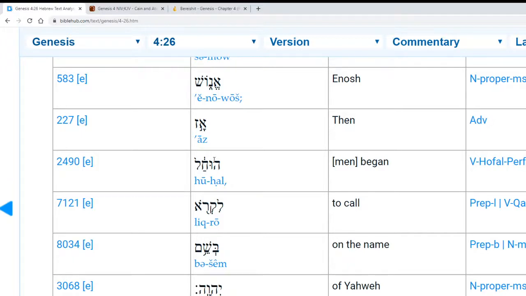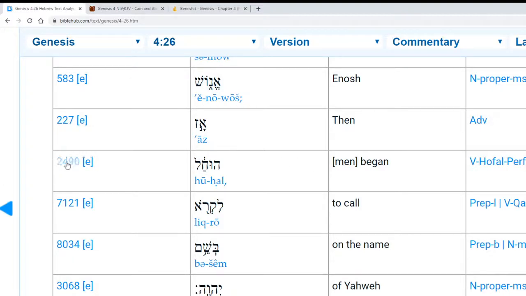This may be the first time we've had this verb, to begin. Yeah, they're saying huchal, right? So this is in the hofal, meaning it is in the hufal.